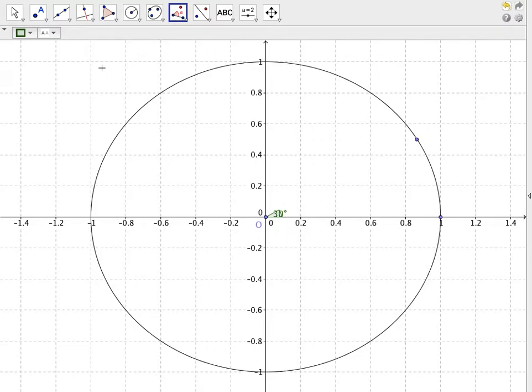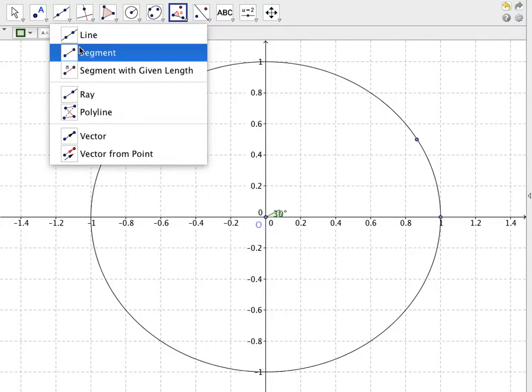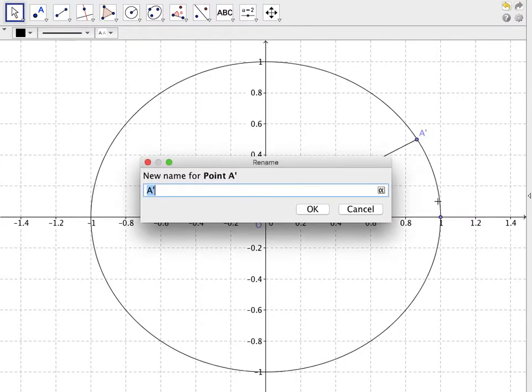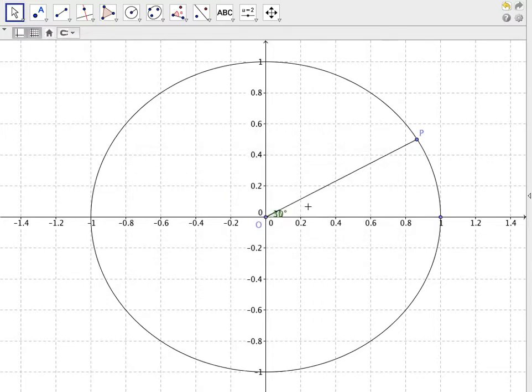Just to make it easier to see, let's connect this point O to this point up here. I'm going to call that point P. The angle is 30 degrees from the x-axis to this line segment. So here to here, that's 30 degrees.